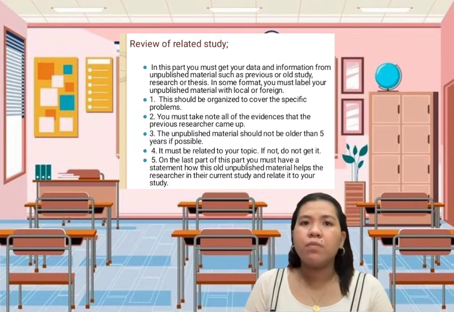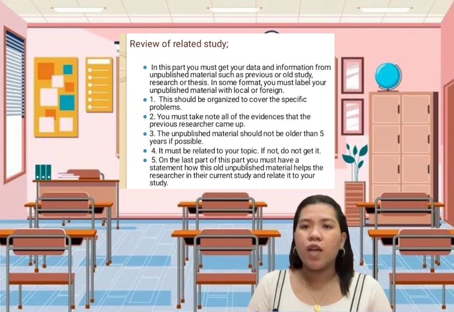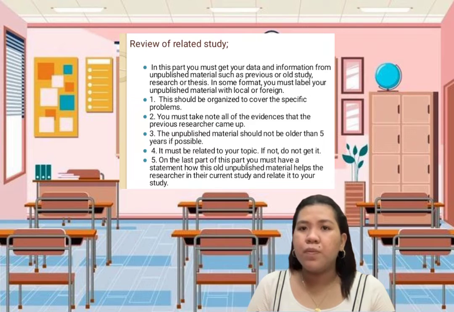Number 3, the unpublished material should not be older than 5 years if possible. Number 4, it must be related to your topic. Number 5, on the last part of this section, you must have a statement on how this old unpublished material helps the researcher in their current study and relate it to your study.